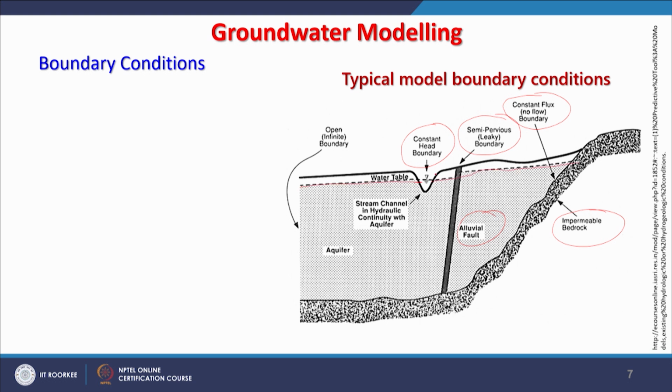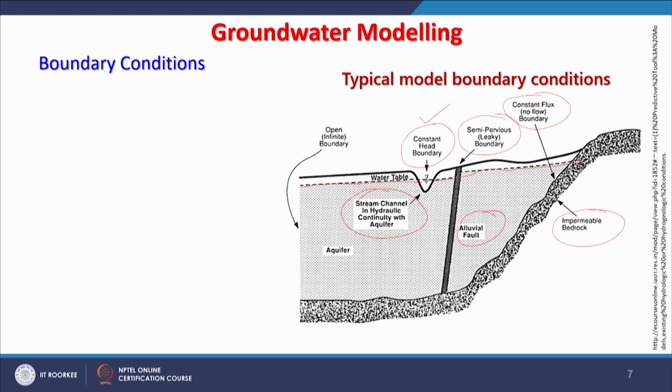That also becomes a boundary condition, and if this river is effluent, then it is recharging your groundwater regime continuously. That is why a constant head, a difference between the water table and the water level in the stream, can also become a boundary. So, stream channels in hydraulic continuity with the aquifer can also become a boundary.